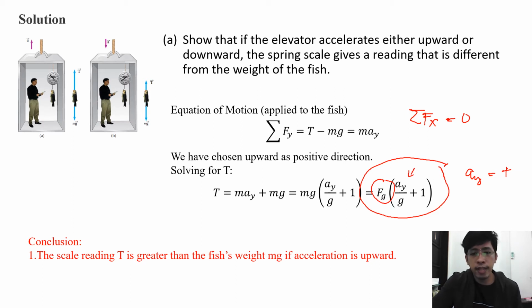What happens if you have a negative ay, that is your elevator goes downwards? If that is the case, the scale reading is less than mg if acceleration is downwards.